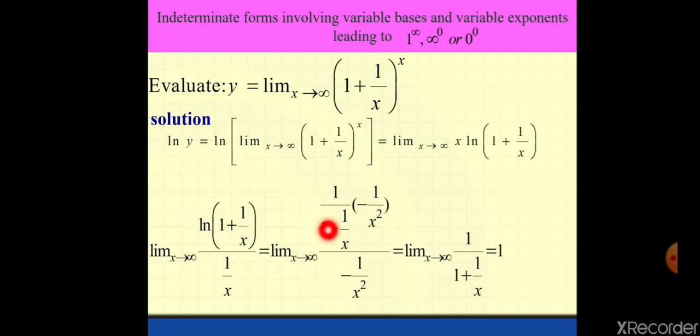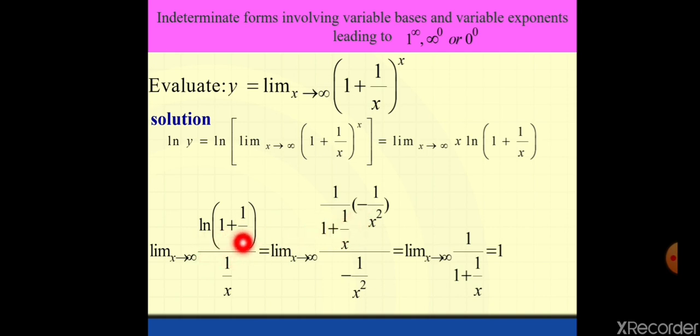Now you can use L'Hopital's rule, but L'Hopital's rule needs a fraction. You can write this x in the denominator as x to the power negative 1, or 1 over x. So we have ln (1 plus 1 over x) over 1 over x. Now find the derivative below and the derivative above.